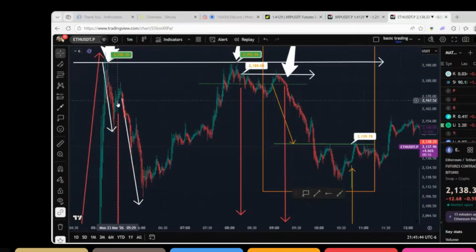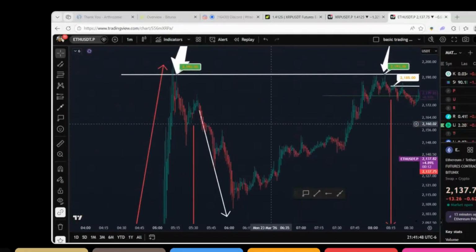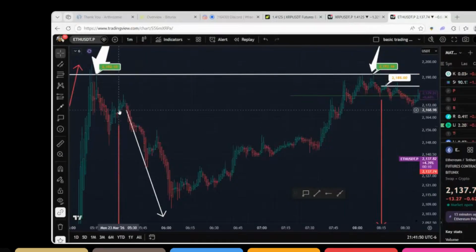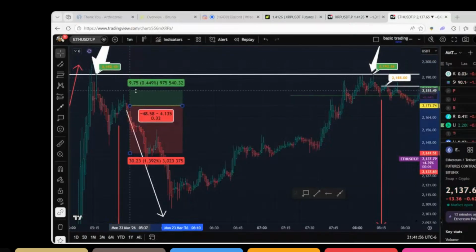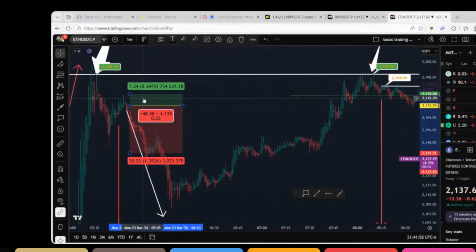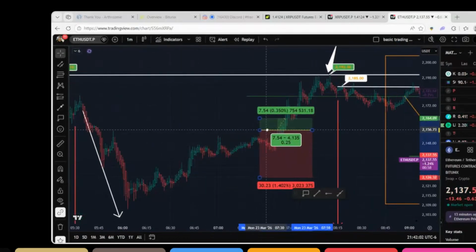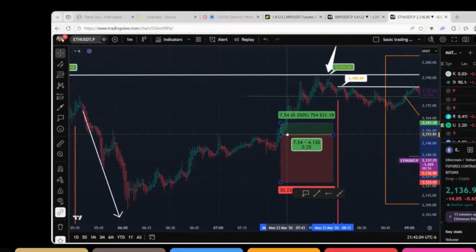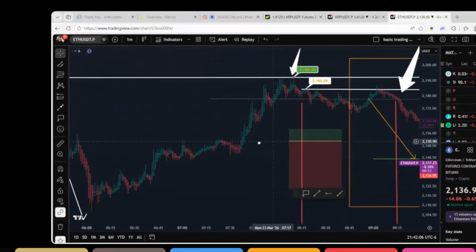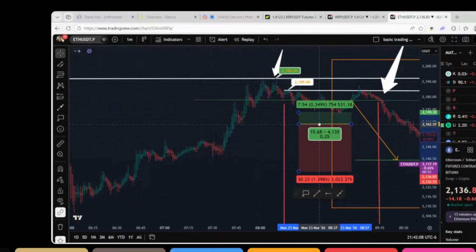Meaning if you were just following the 15-minute down, if you would have entered here, there was a bounce here, and this bounce was about a 0.34% bounce. So on a 200x, 100x, that's about 60%. So if your stop loss was 60%, you would have got stopped out there.